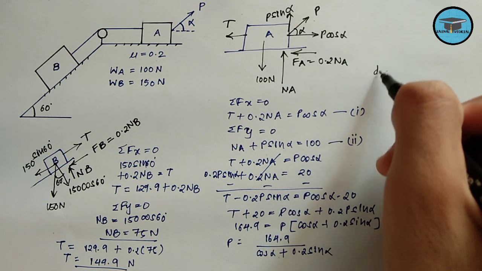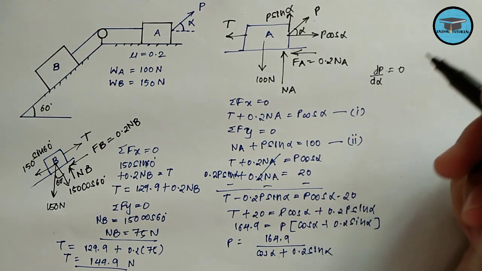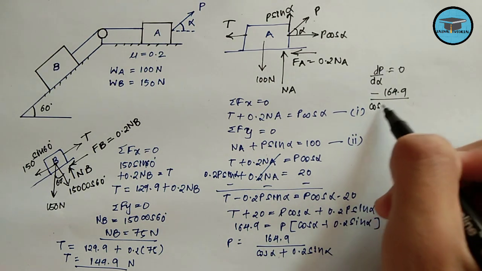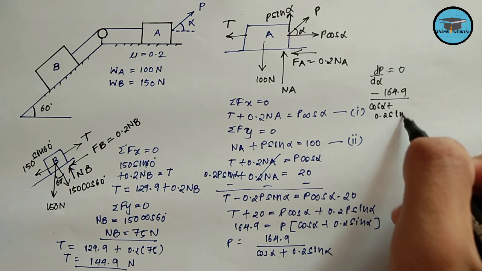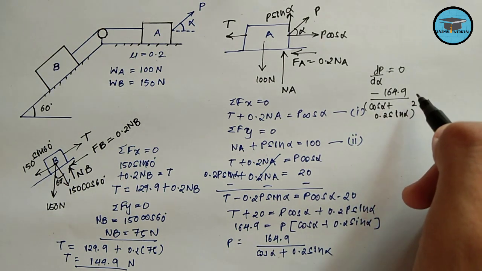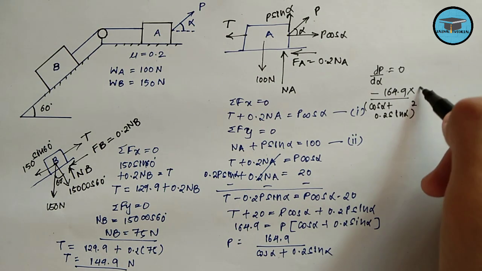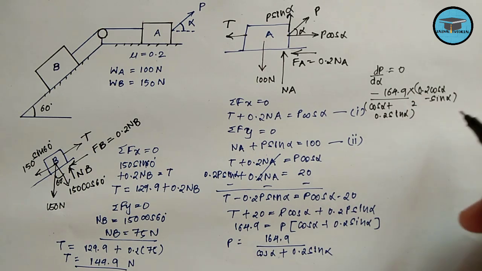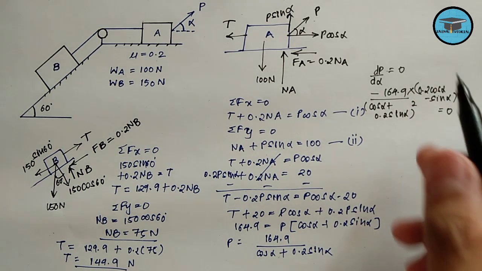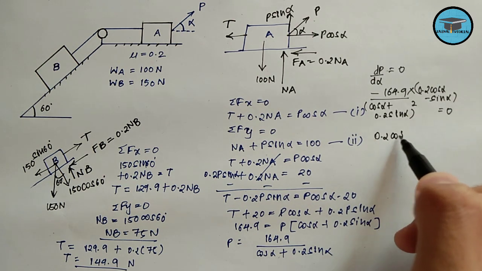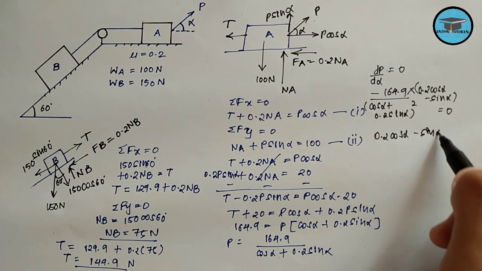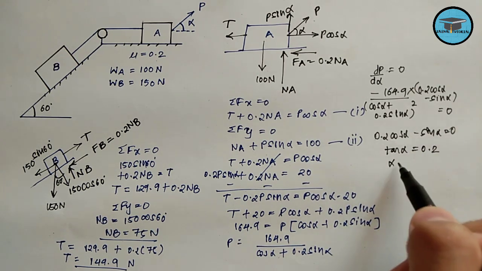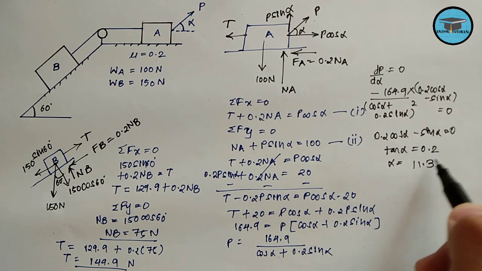So dP by d alpha equals 0: minus 164.9 divided by the whole square of cos alpha plus 0.2 sin alpha, into 0.2 cos alpha minus sin alpha, equals 0. Solving this, 0.2 cos alpha minus sin alpha equals 0, so tan alpha equals 0.2, and the value of alpha comes out to be 11.3 degrees.